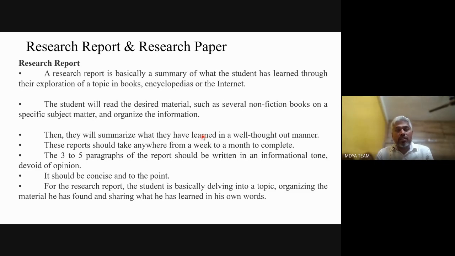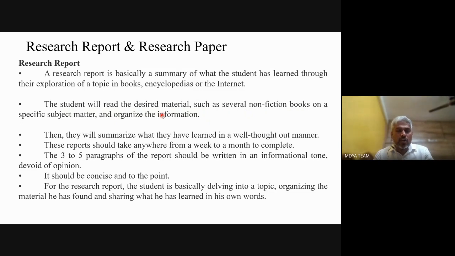Same here in research, we have to prepare a report. So, what is a research report? A research report is basically a summary of what the student has learned through their exploration of a topic in books, encyclopedias, or the internet, or any material, whatever you have read. The student will read the desired material, such as several non-fiction books on a specific subject.